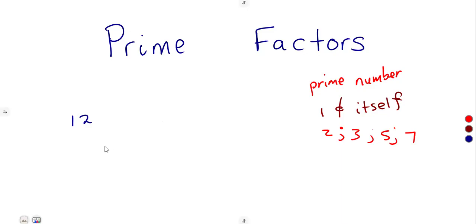But of these factors, we want to consider only prime factors, those that are divisible by 1 and itself. They must be prime numbers.